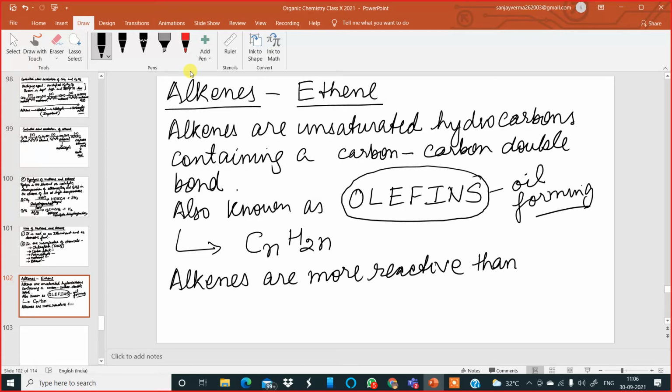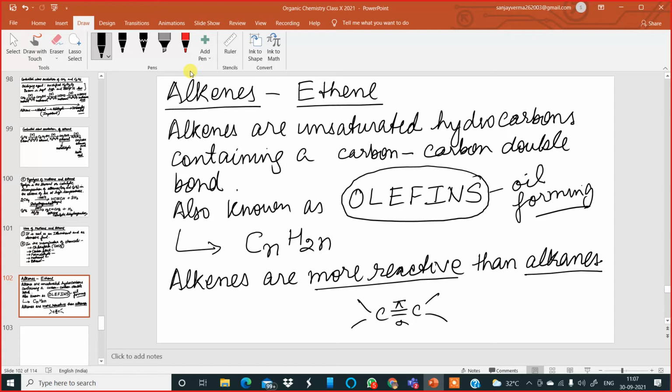Why more reactive? Because there is a carbon-carbon double bond. One is a sigma bond, one is a pi bond. Because there is a pi bond, these alkenes are more reactive than alkanes.